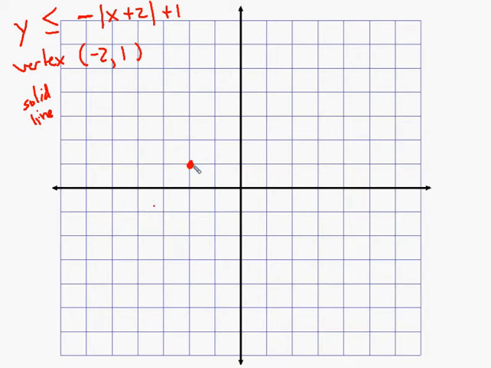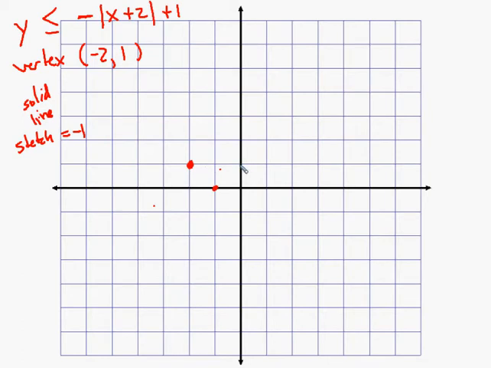Alright, so from here, I go right 1. What's the absolute value? Oh, what's my stretch factor? So I have a reflection. So instead of going up, I'll go down. So what's the absolute value? 1. 1 times my stretch factor of negative 1, so I go down 1. If I go right 2, what's the absolute value of 2? 2.